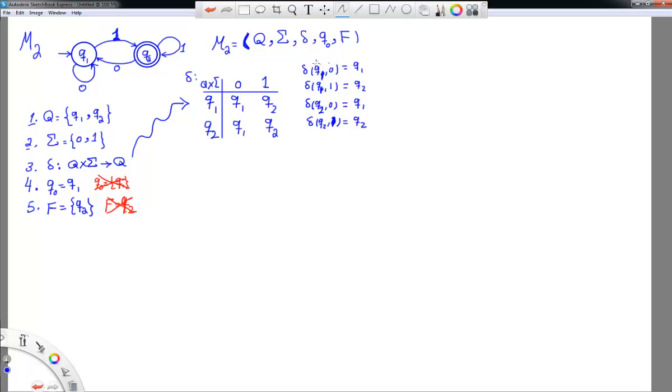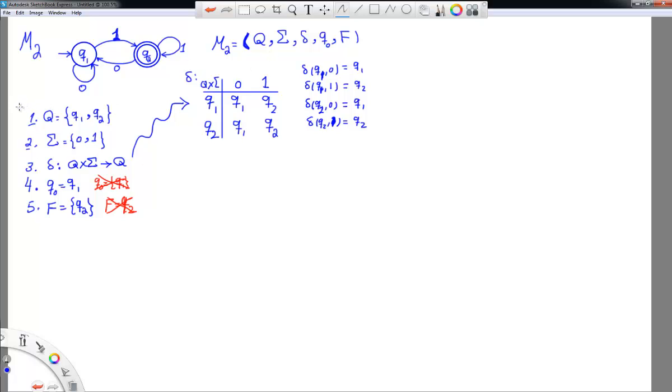For all combinations of q sub i's from the set Q and alphabet values 0, 1, mapped onto q sub i's that are in set Q. These two are the representations of our functions. Remember that the formal definition is the whole definition of all these 5 tuples.